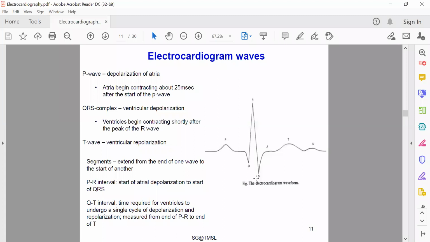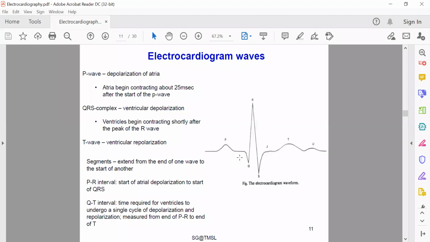These can be identified with events related to the action potential which is propagated. Now, to facilitate the analysis, the horizontal segment of this waveform preceding the P wave is designated as the baseline or the isopotential line.